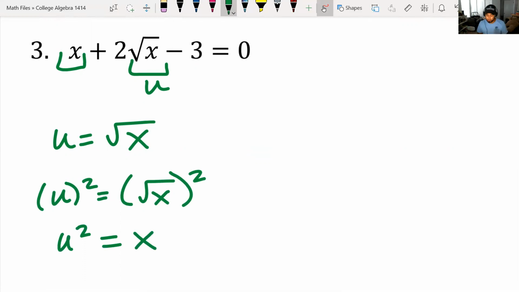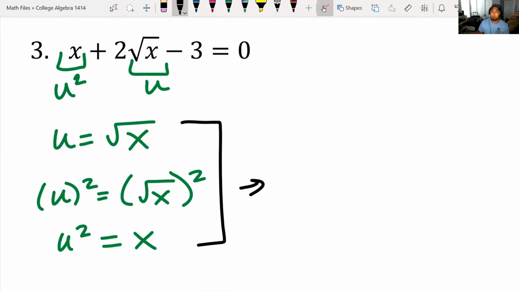Does that substitution cover the leading term? Did we end up with x? We sure did. Which means we now have a substitution for the leading term. Okay. Rewrite.